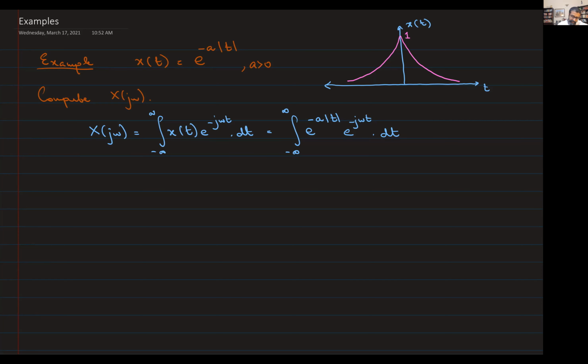So I split it up in the sense that I integrate from minus infinity to 0, e raised to minus a absolute value of t times e raised to minus j omega t dt, plus integrate from 0 to infinity e raised to power minus a absolute value of t e raised to minus j omega t dt. So e raised to power minus a absolute value of t for all negative values of t is equal to what?